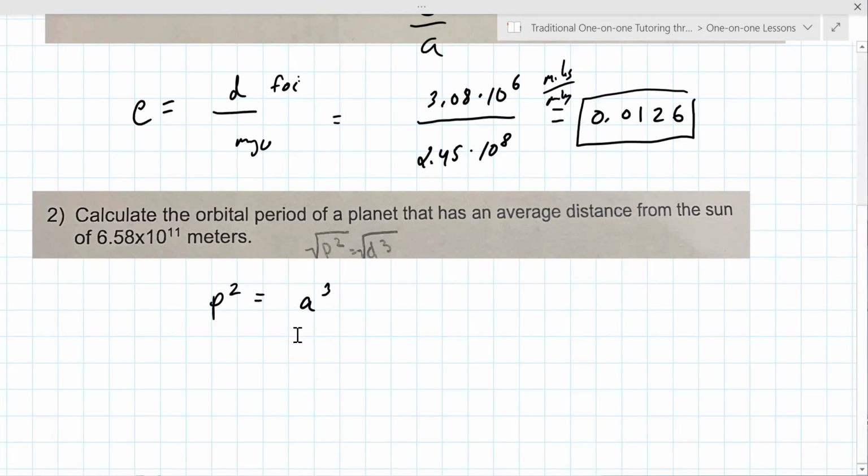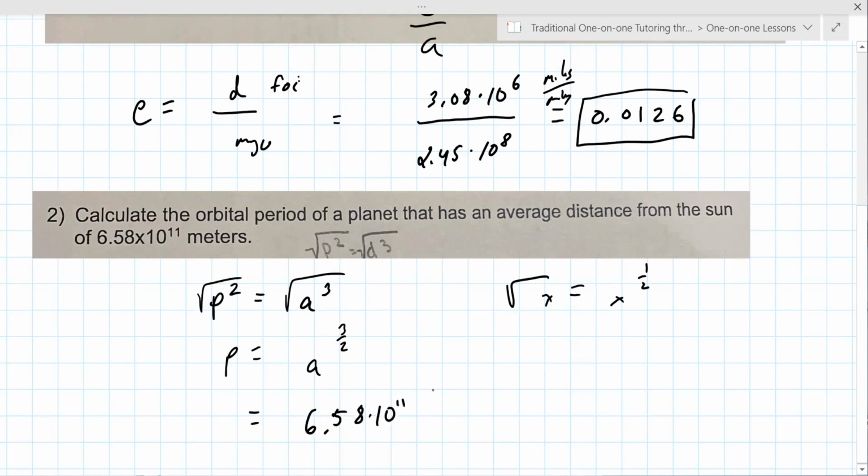I doubt your instructor's making this super complicated, but if you were to take the square root of both sides like you did here, P is equal to A to the 3/2 power, because the square root equals X to the 1/2. So this number here is 6.58 times 10 to the 11th to the 3/2 power.